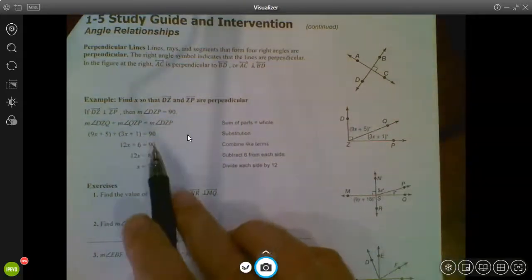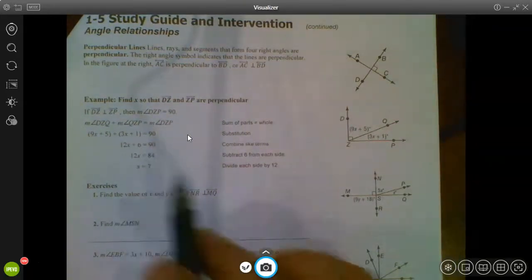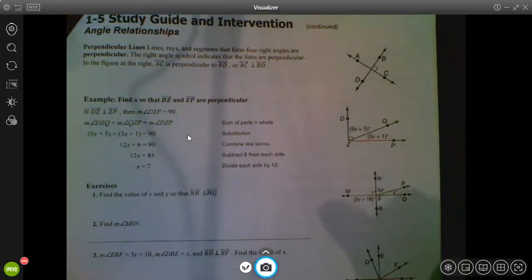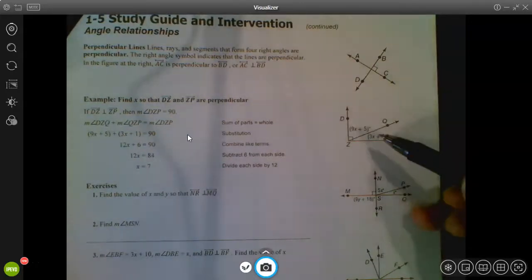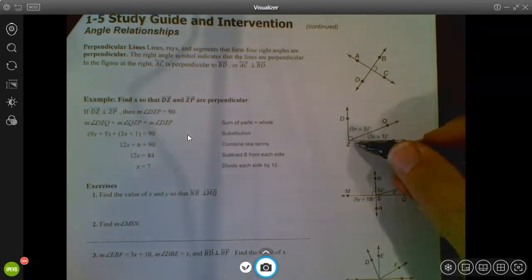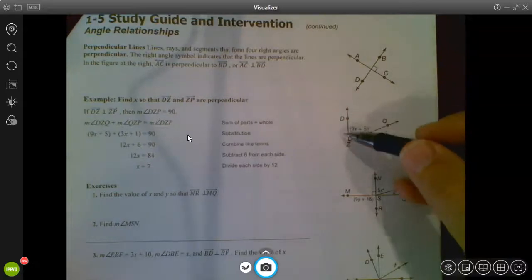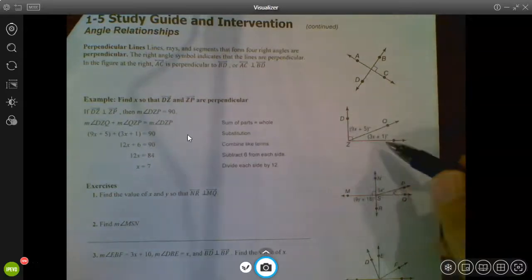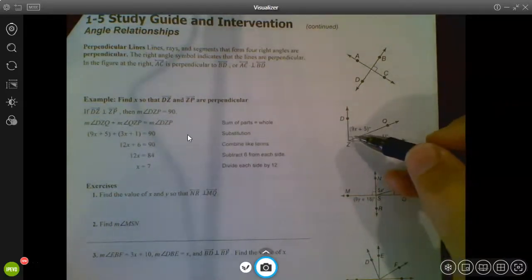So here's one example that they've already done for you. In all of these, the goal is, how do I set up an equation in order for me to solve? So we have to look at what information they are giving us. So if you look at this diagram on the right, you'll notice that this is a right angle. So that means this line was perpendicular to this line. So they form this right angle.